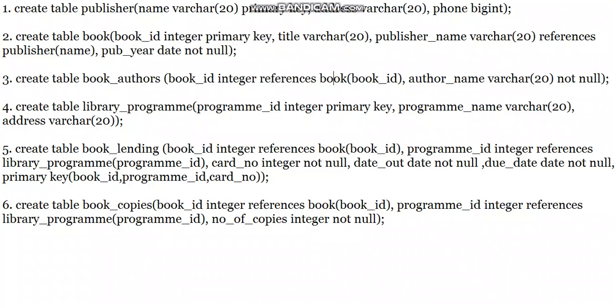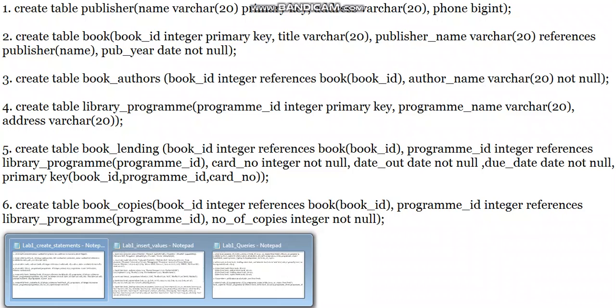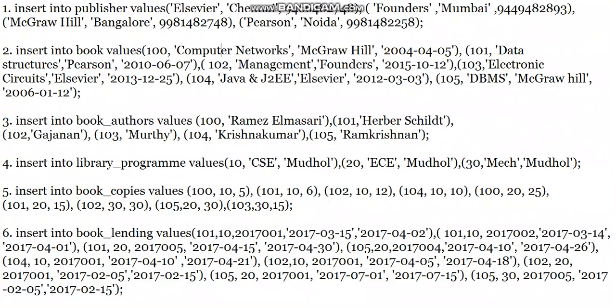It has no meaning. In that way we have inserted 100, 101, 102, 103, 104 and 105. You can give any number of book details, the book ID and author name.